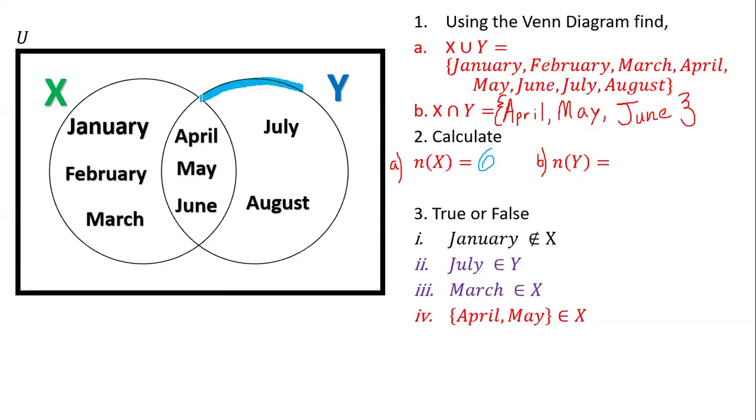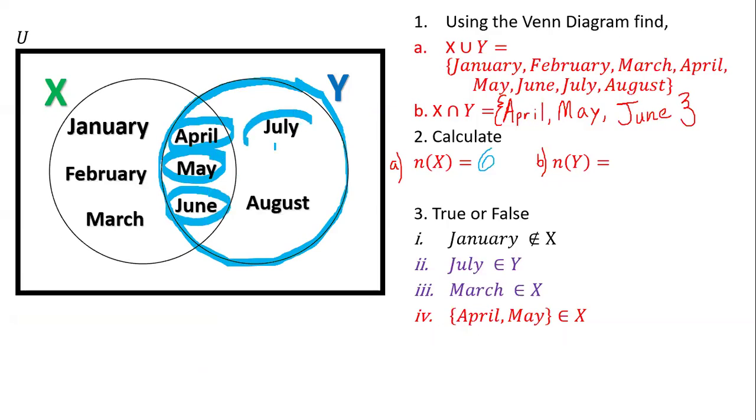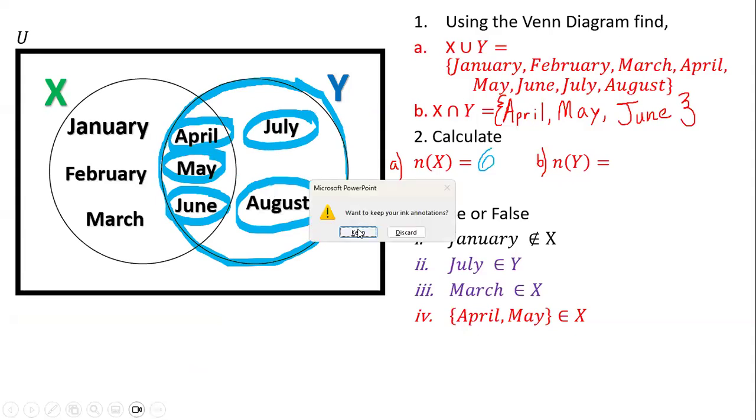Why do you say 5? Because there are 5 elements in Y. Very good. So we have April, 1, May, June, that's 3, July, and August. The number of elements in Y is 1, 2, 3, 4, 5, and it's going to be 5.